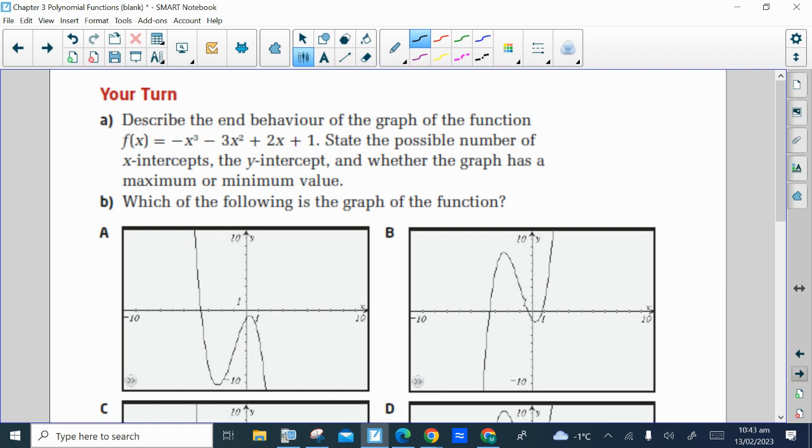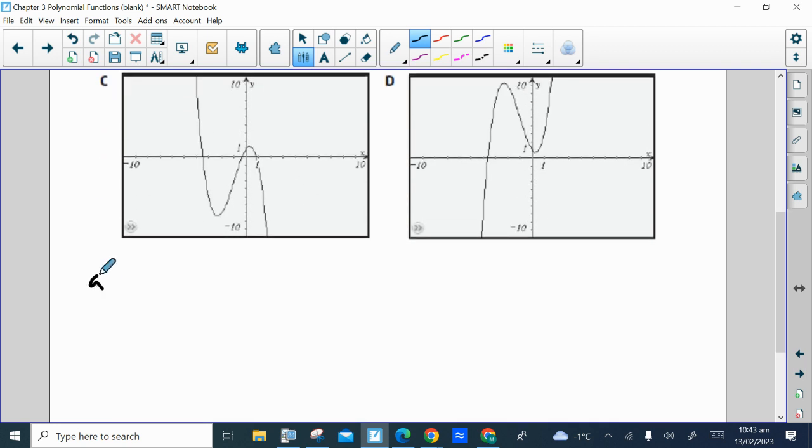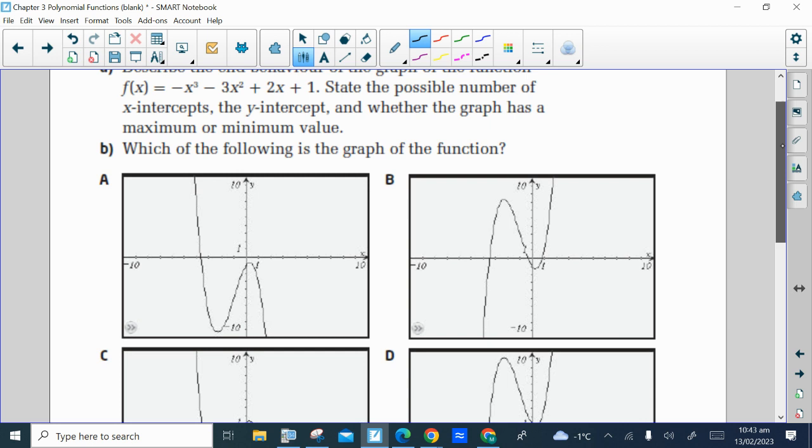It would have to rise to the left and fall to the right. We know that by looking at the degree, seeing whether it's odd or even, and then comparing it to either a line or a quadratic, along with the initial term coefficient.